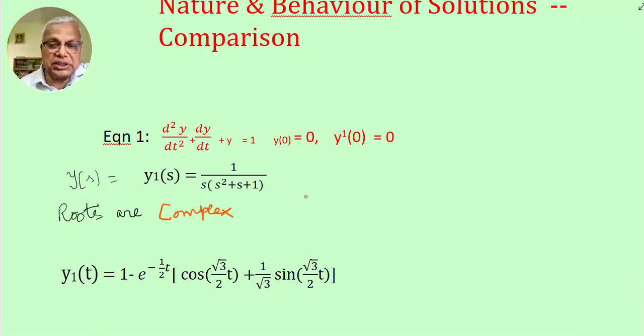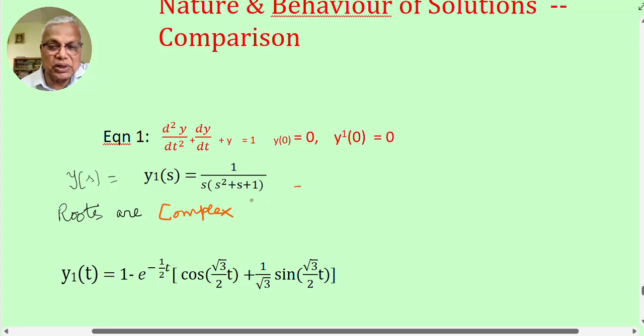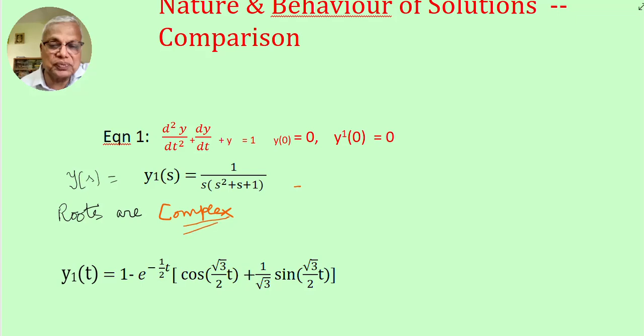So what will be the roots of these equations? If you see this equation, s square plus s plus 1, and if you find the roots, the roots are going to be complex, and the real part of this complex root will be a negative number. This equation s square plus s plus 1 equal to 0 will have complex roots with the real part negative.